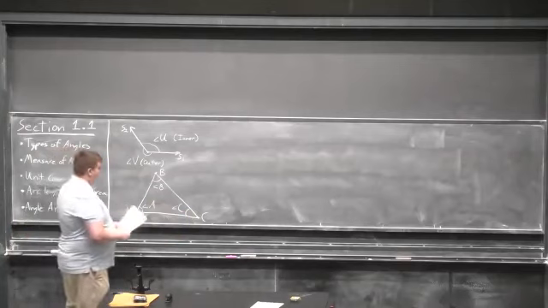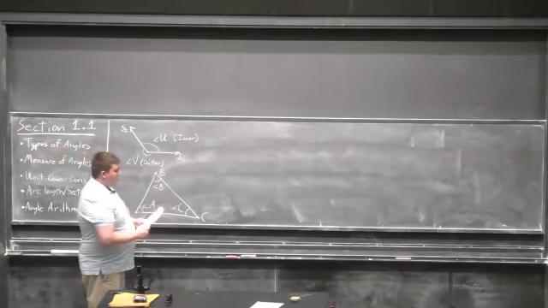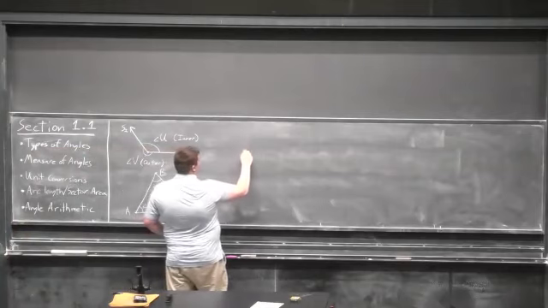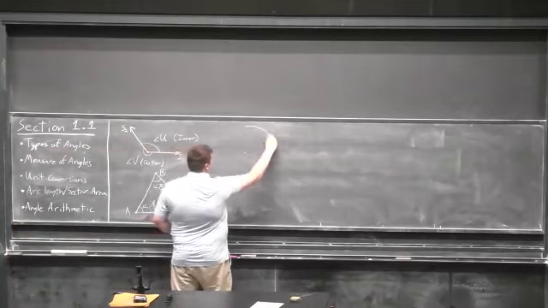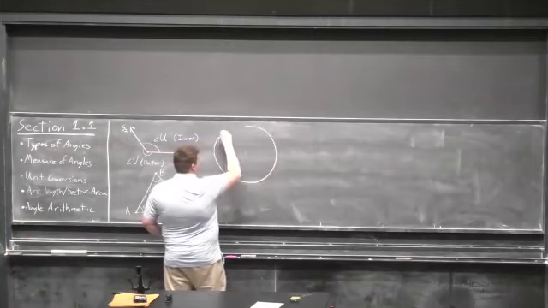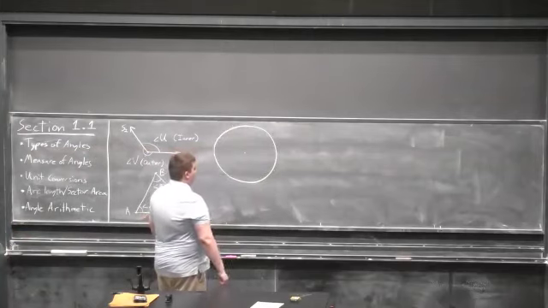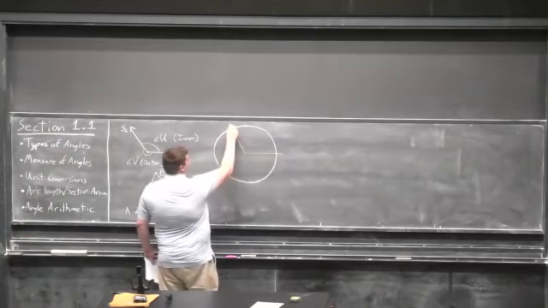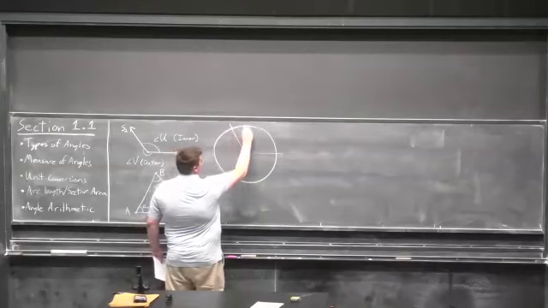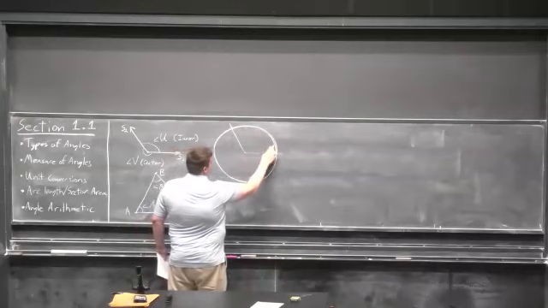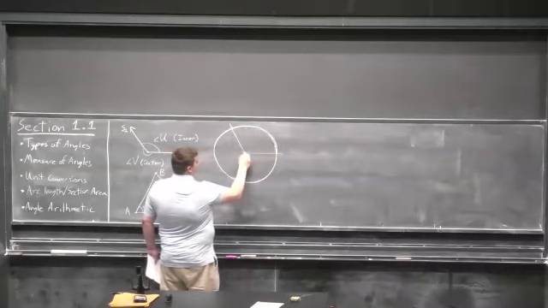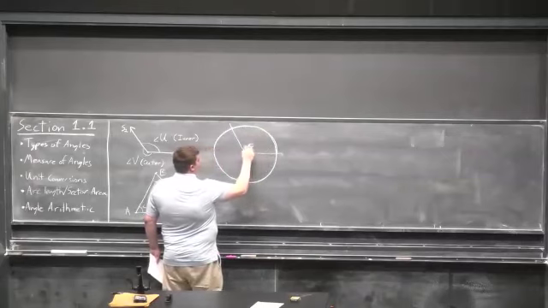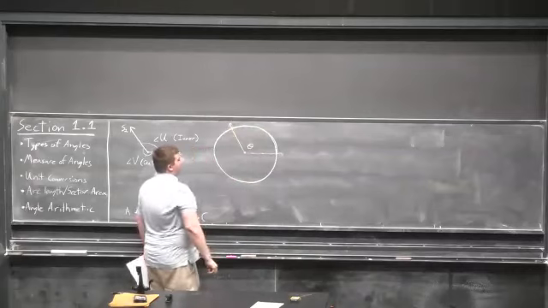Okay. We can also form arc lengths. So if I take a protractor and I make a circle here, we can say that an arc length is the distance with constant radius of a point with said angle theta.